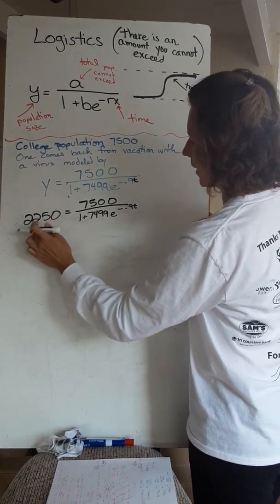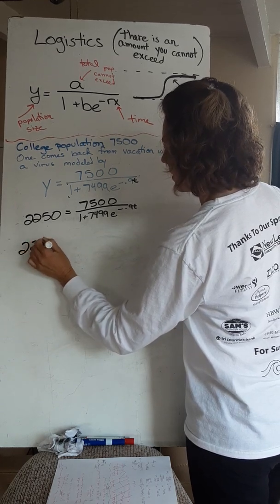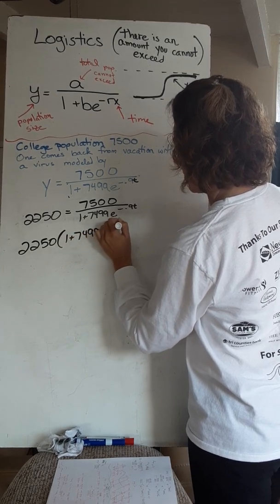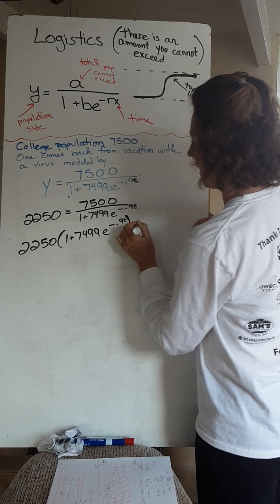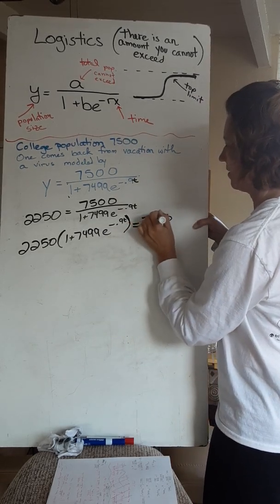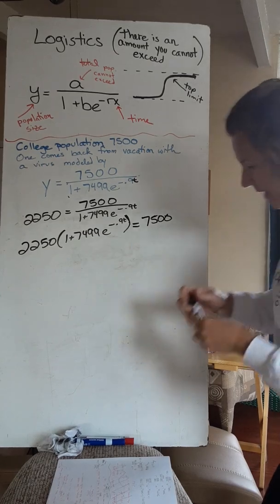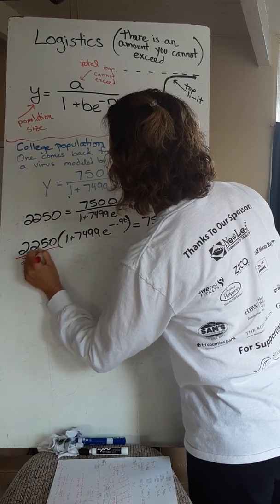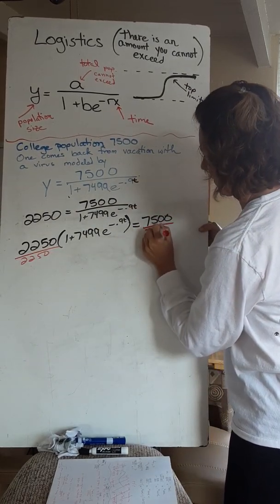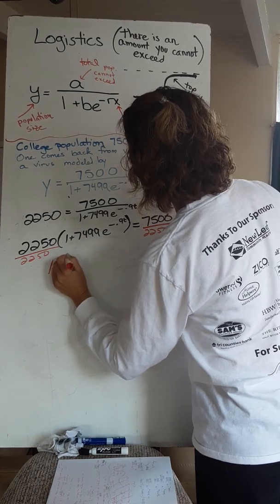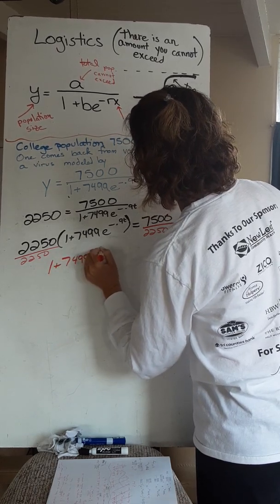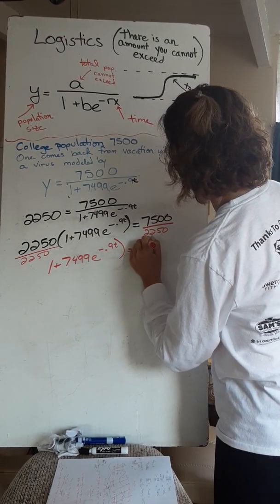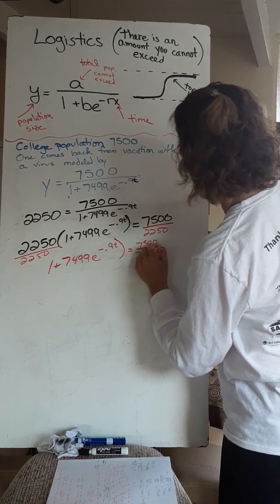So first, I'm going to multiply 2250 times the denominator. And that's going to equal 7,500. If I divide both sides by 2250, I will get 1 plus 7,499 e to the negative 0.9t equals 7,500 over 2250.